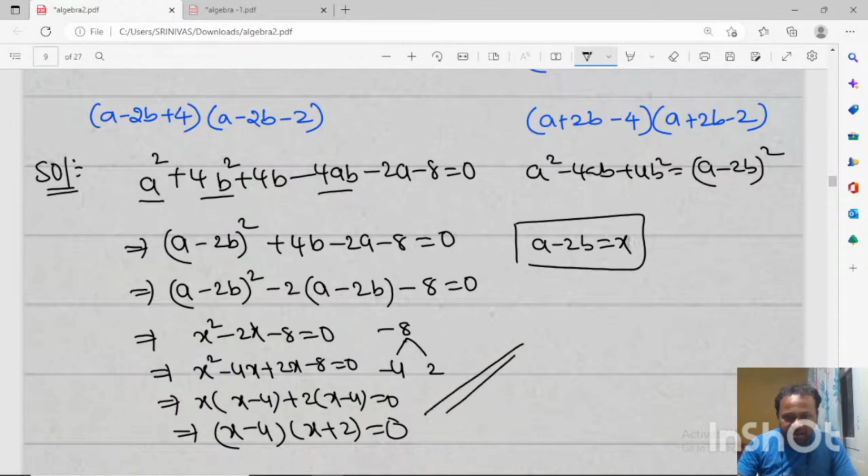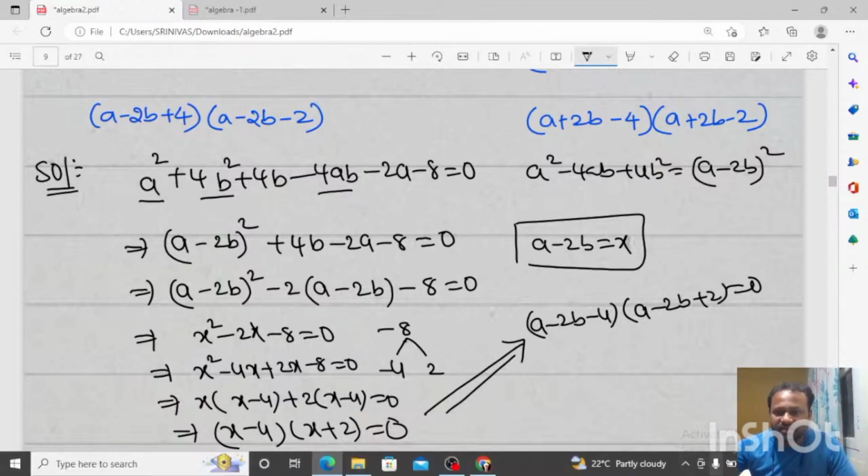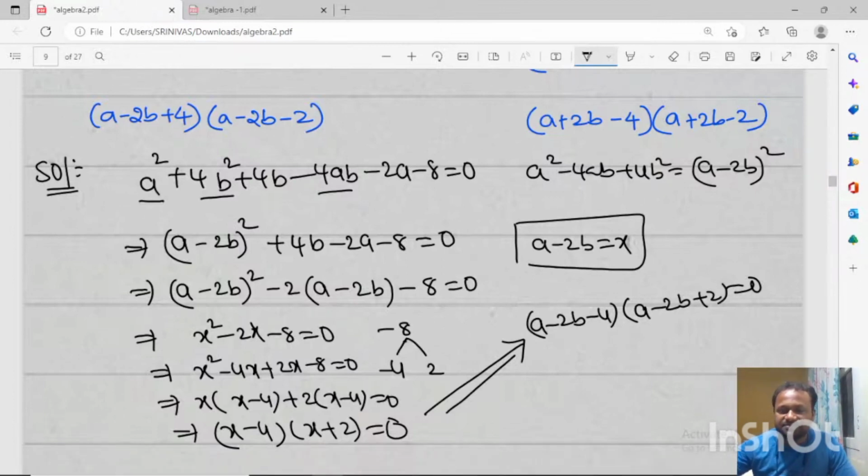Then the answer will be, x means a minus 2b: a minus 2b minus 4 into a minus 2b plus 2 is equal to 0. So the factors will be this one. So what will be the answer?